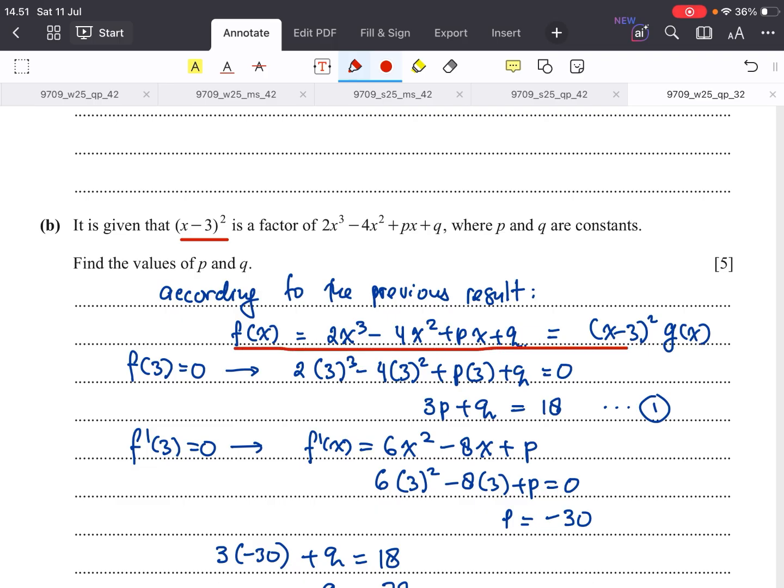This means that f(x) can be divided by x minus 3, and f prime x can also be divided by x minus 3, according to the previous result.